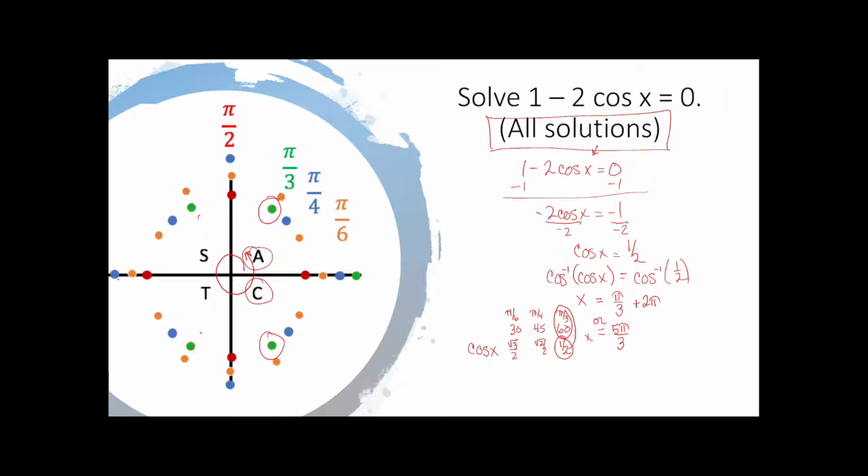And if we added another 2 pi to our solution, we would have another one, and another 2 pi, and so on. So we need not just 2 pi, but 2 pi n, where n is an integer. Now we have all of the possible solutions without having to write an infinite number of solutions and be here all day.